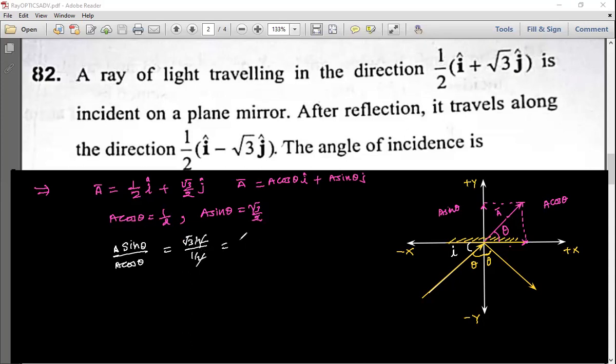So 2 to cancel. This is root 3 and this is tan theta. So tan theta is equal to root 3. So theta is equal to tan inverse of root 3. तो कितना आएगा थीटा? थीटा इज इक्वल टू 60 डिग्री है क्या? सही है क्या?